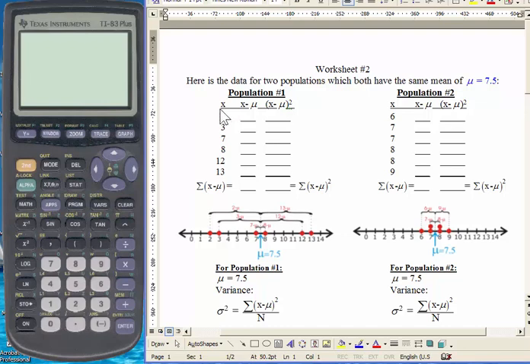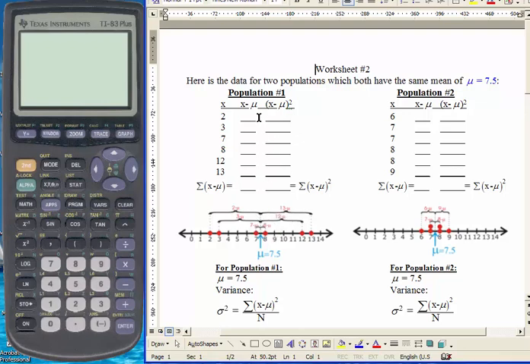Under X, which represents data value, is a list of all our data values. Then this column heading tells us what we're going to do in this column. We're going to take each data value and subtract the mean from it. What does that tell us? It tells us the distance between that data value and the mean. That's what all these brackets are representing.